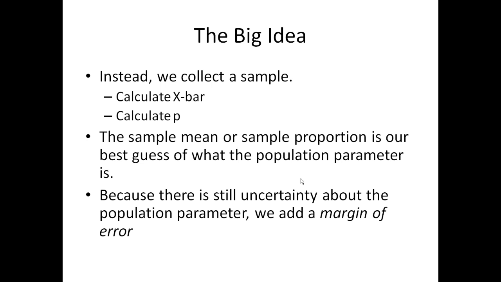And that's what the margin of error is all about. We are cognizant of the fact that we probably don't have a sample that is perfectly representative of the population. So we're going to put a margin of error around our estimate, and once we do, we're going to feel a lot better about the number that we calculate.